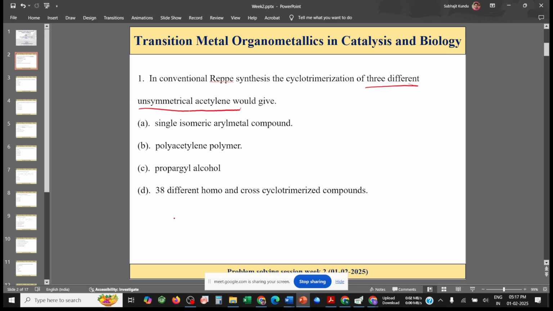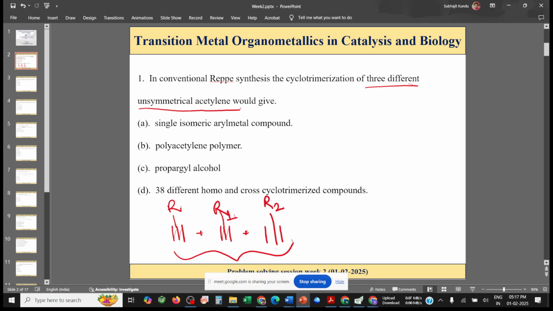That can be, like, one is the normal acetylene, another can be acetylene with R1, and another can be acetylene with R2. So if I say this is R, this is R1, this is R2, these are our three different unsymmetrical acetylenes.